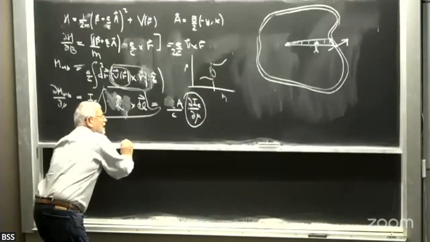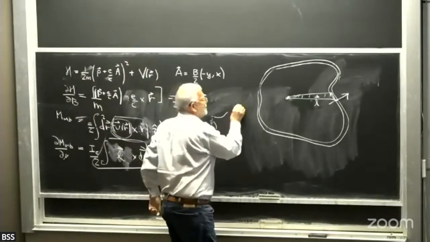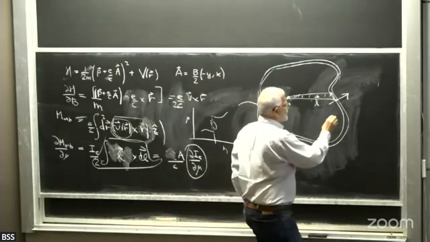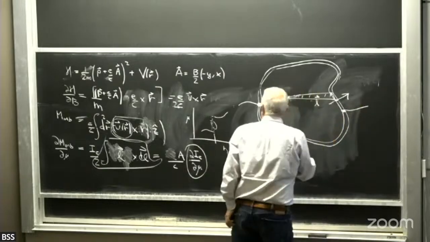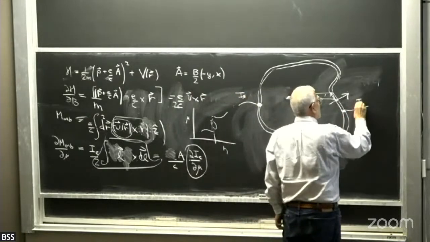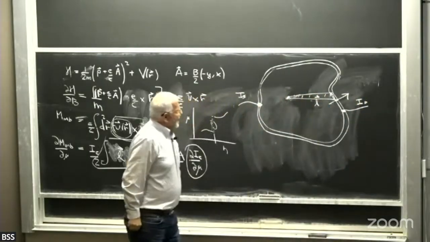So here I have a finite area 2D electron system, and let me connect it to leads. So here's a current source and a drain.